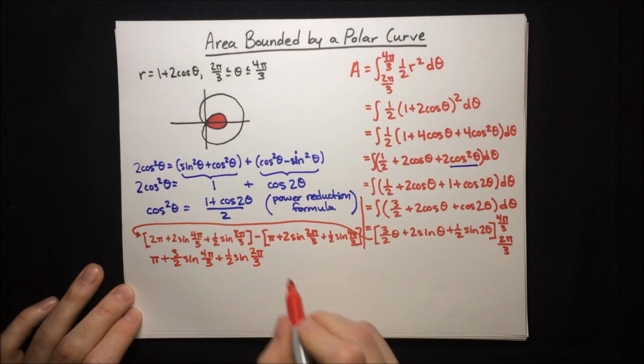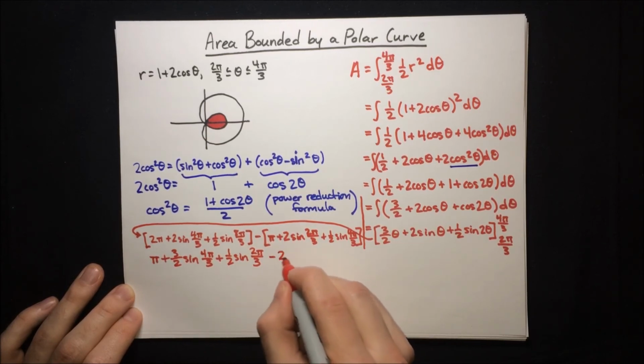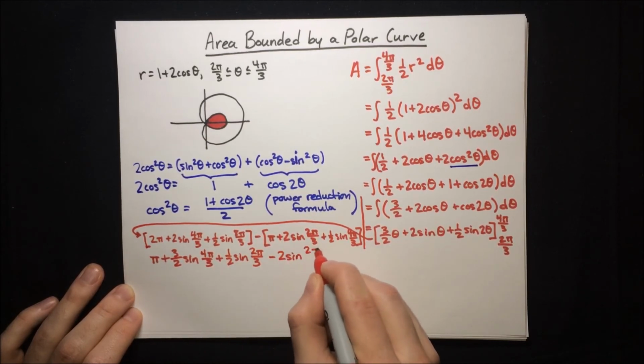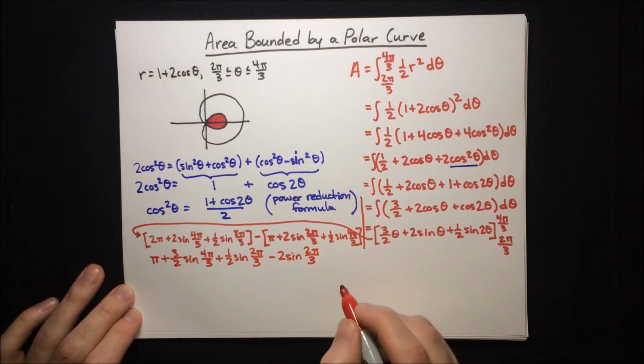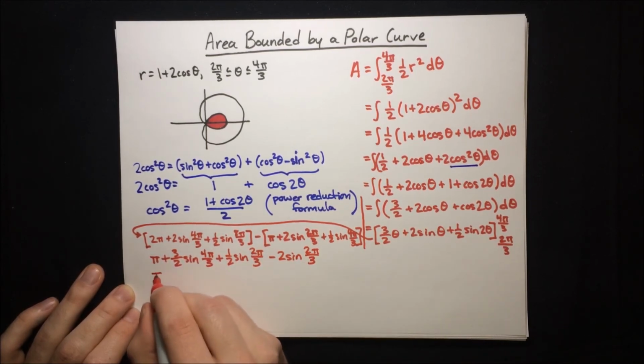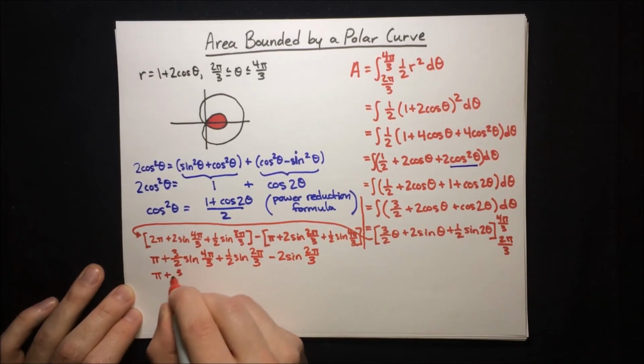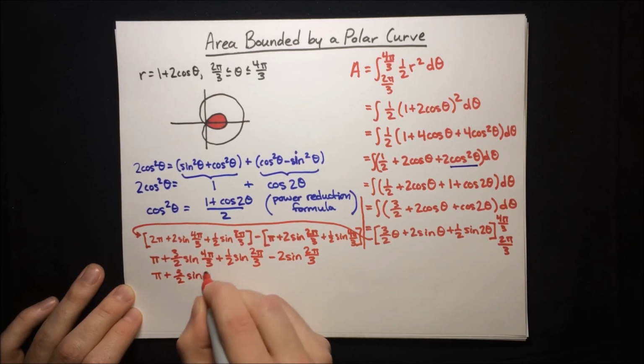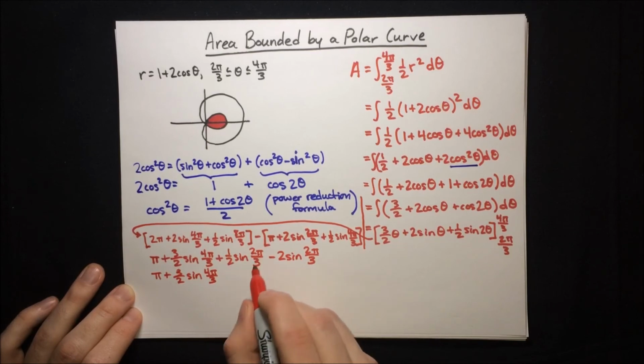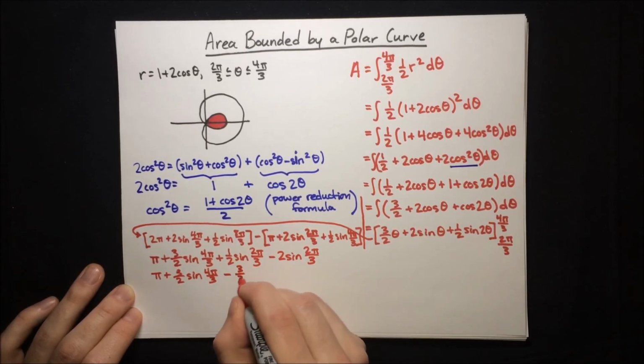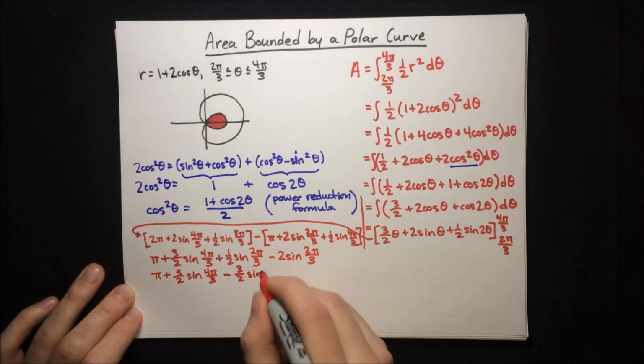And then we've got minus 2 sine 2 pi over 3. Okay, so now let's simplify this even more. So we've got pi plus 3 halves sine 4 pi over 3, and then a half sine 2 pi over 3 minus 2 sine 2 pi over 3 is minus 3 halves sine of 2 pi over 3.